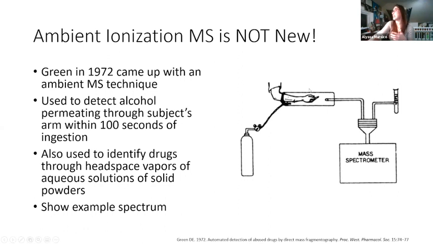They had a chamber, and somebody would stick their arm in the chamber and hold it there for a certain amount of time, and as the alcohol permeated through their skin via sweat, it would go into the mass spectrometer and they would identify it. This is the first ambient ionization mass spec technique, sampling something at ambient pressure, which I think is really, really neat.